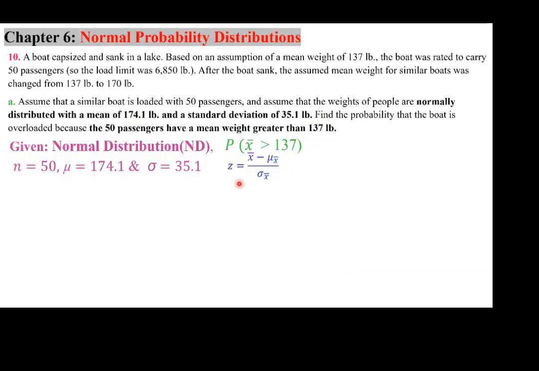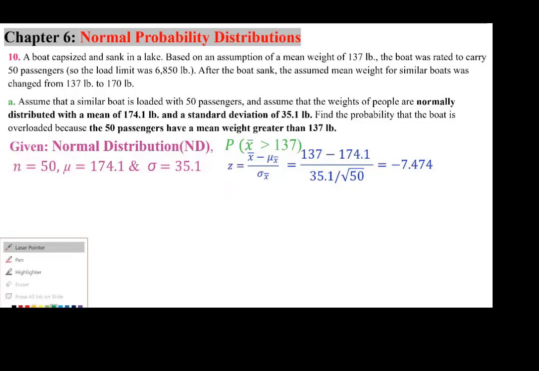We can calculate the z-score: x bar minus mu of x bar over sigma of x bar. Mu of x bar is the same as mu, so we have this number. Sigma of x bar is this number divided by square root of n, which happened to be 50. Again, let me put that at top. We want to make sure that we have that.